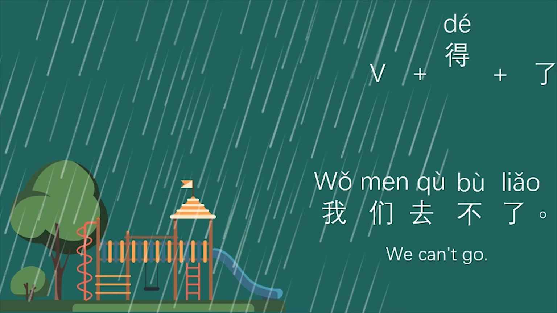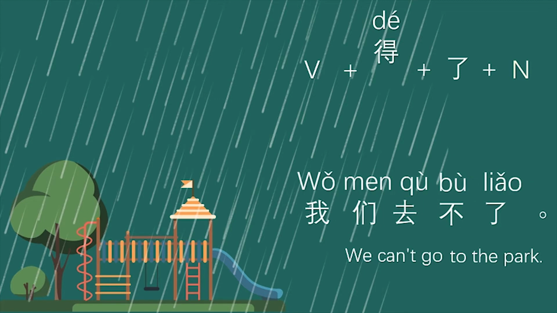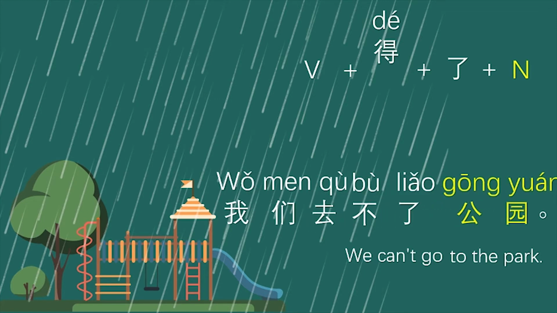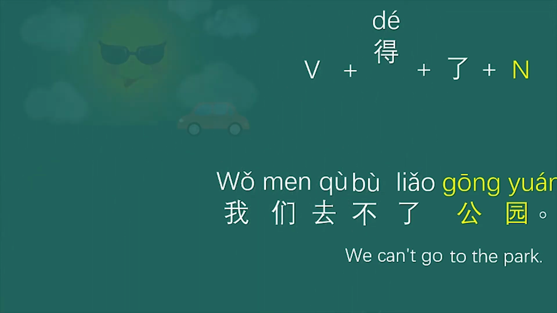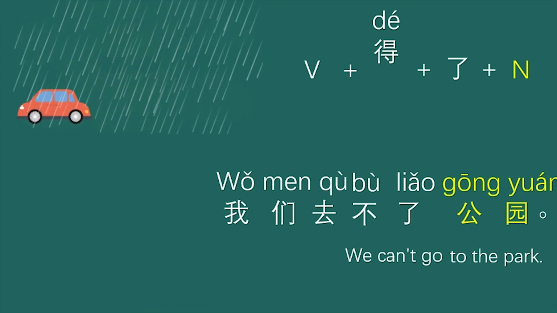我们去不了。我们去不了公园。If we change the situation, like when we start to go to the park, it was a sunny day. But after a few minutes or a few hours, it started to rain.